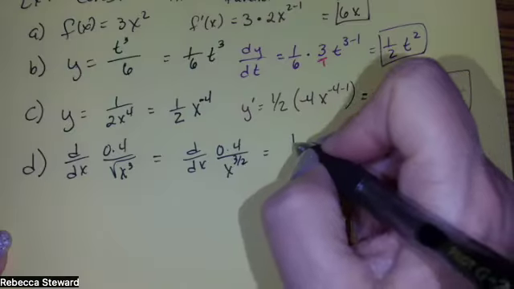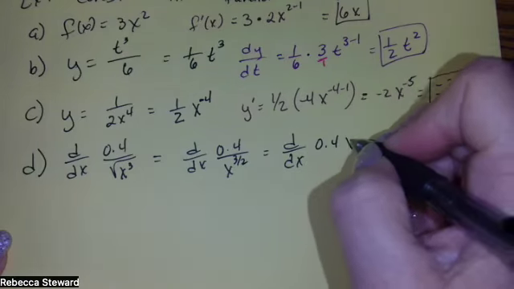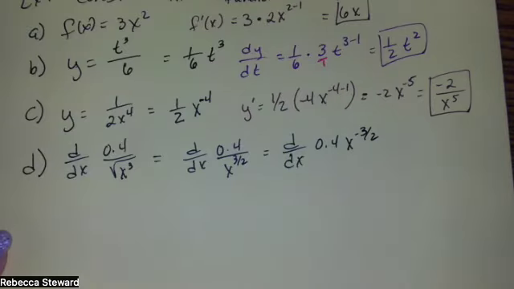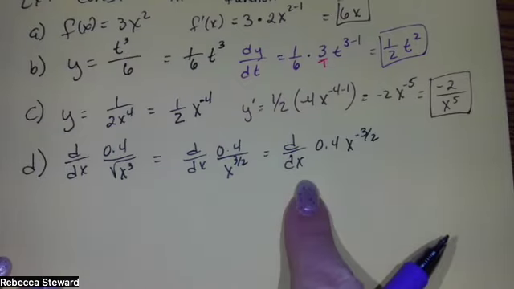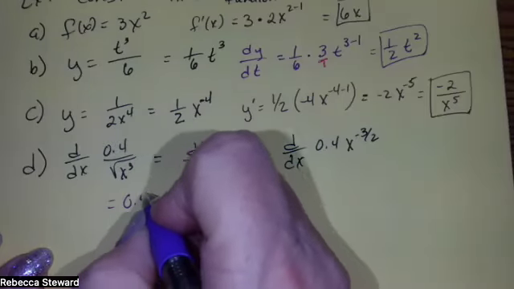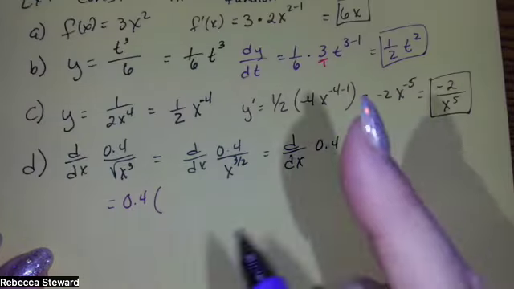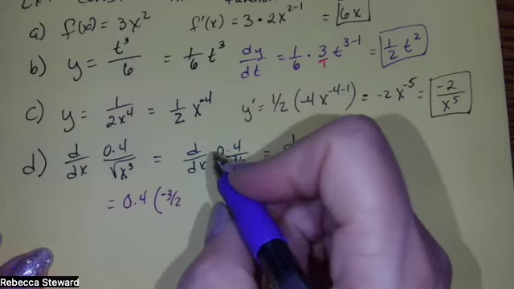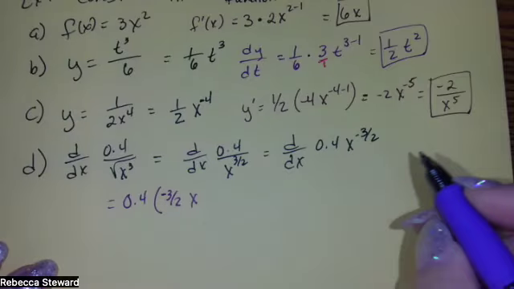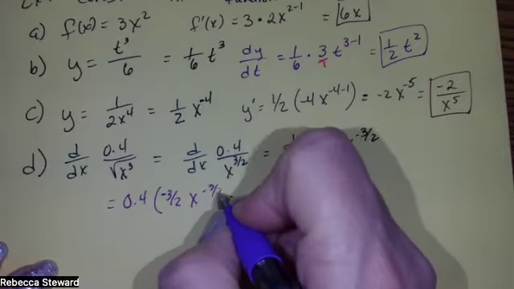So this will be d dx 0.4 x to the negative 3/2. All right, now that we have it rewritten, let's go find our derivative. So this is going to equal 0.4 times our negative 3/2 times our x to the negative 3/2 minus 1.